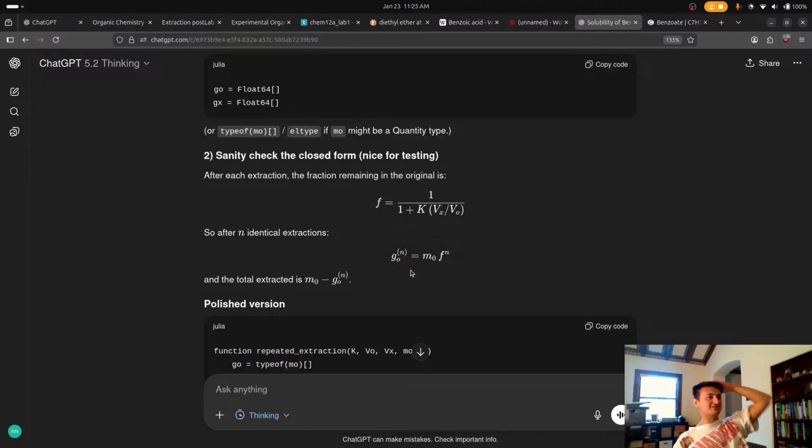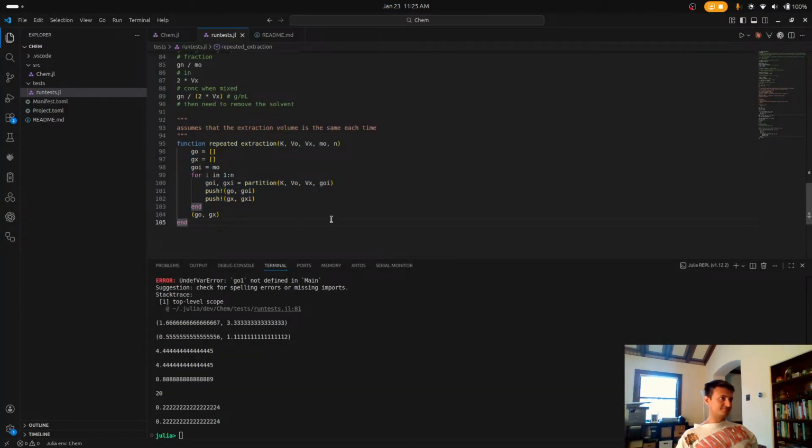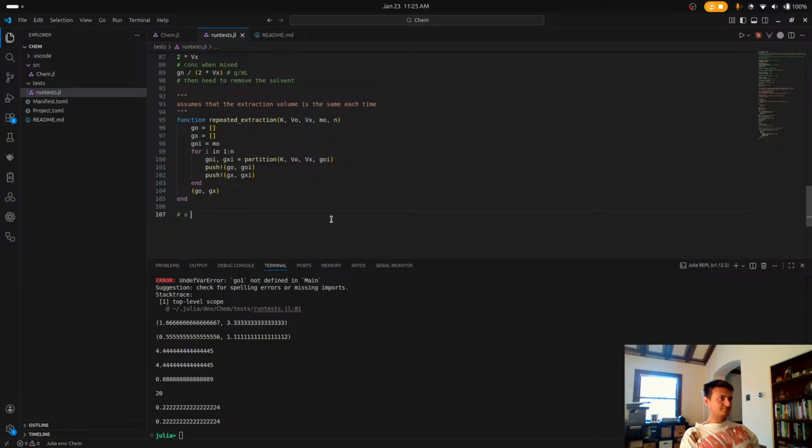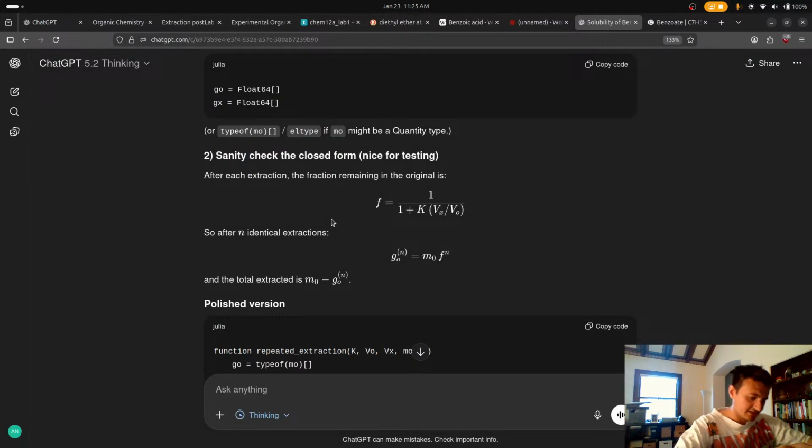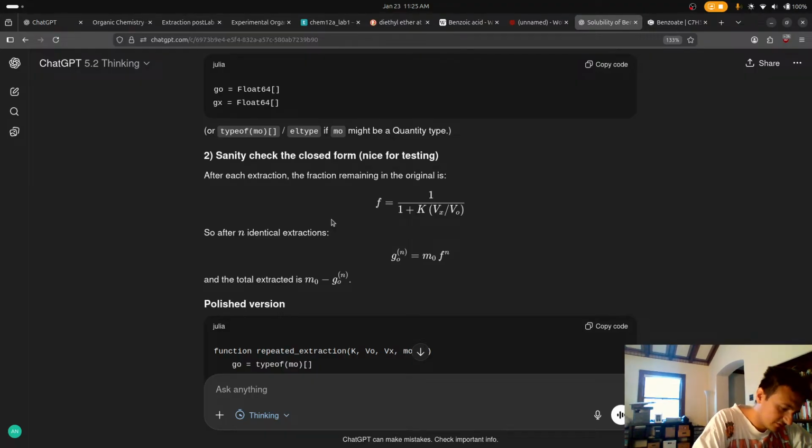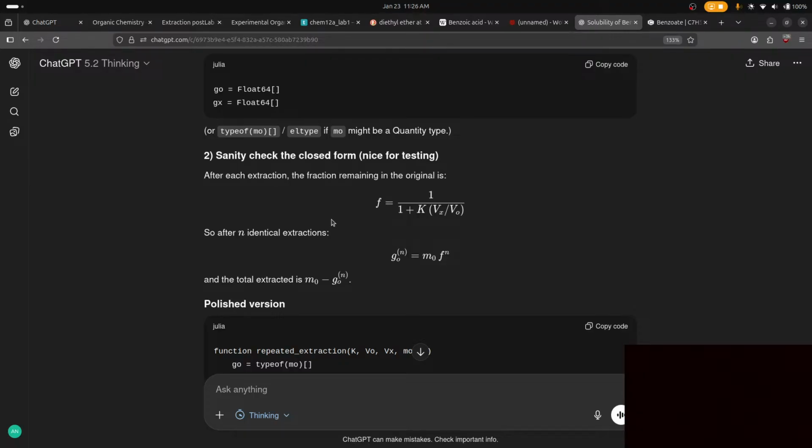Yeah, you can take, okay, so then you can also just take F equal to 1 over (K VX over VO plus 1). Then GON is equal to MO times F to the N.